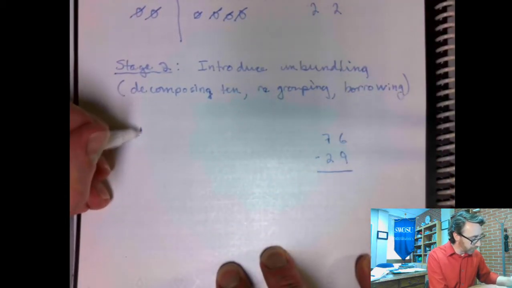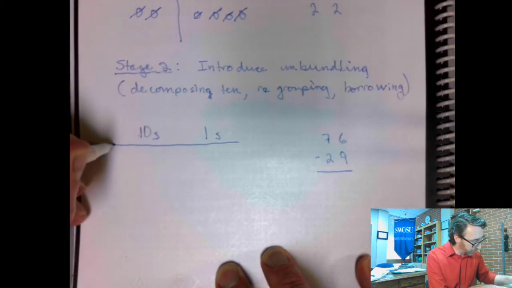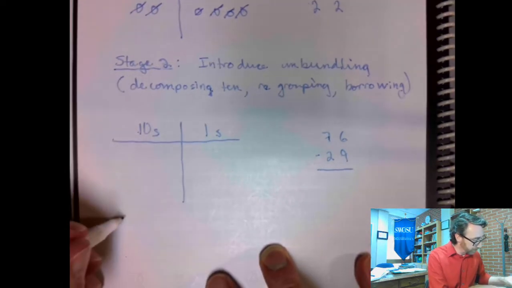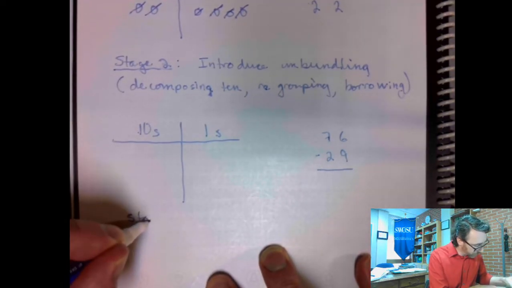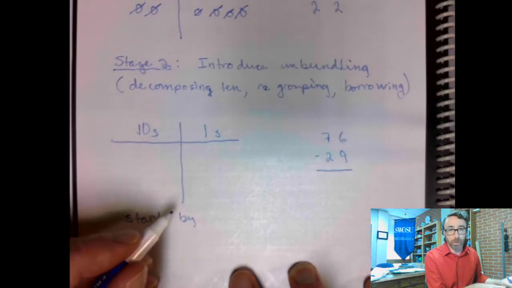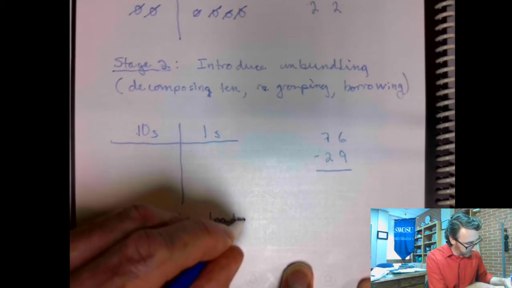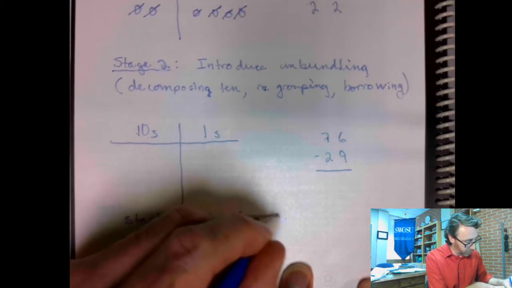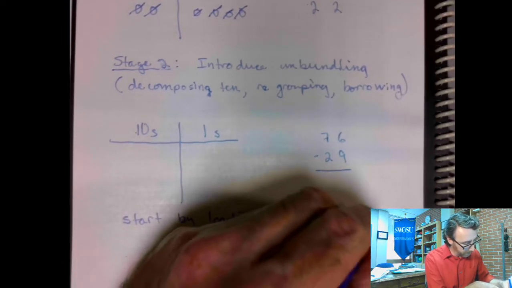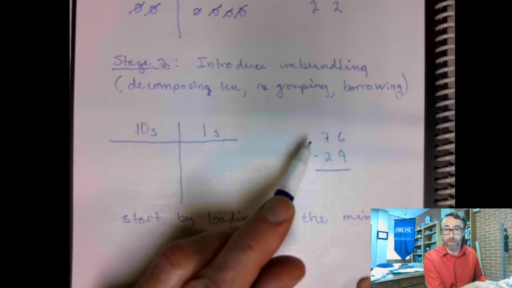Okay, so once again, we will begin by loading in this number. So we always start with our chip model by loading in the minuend, if you remember your chapter 1 vocabulary.